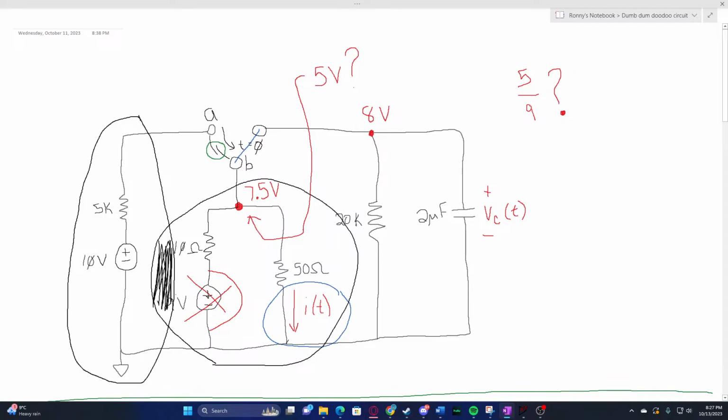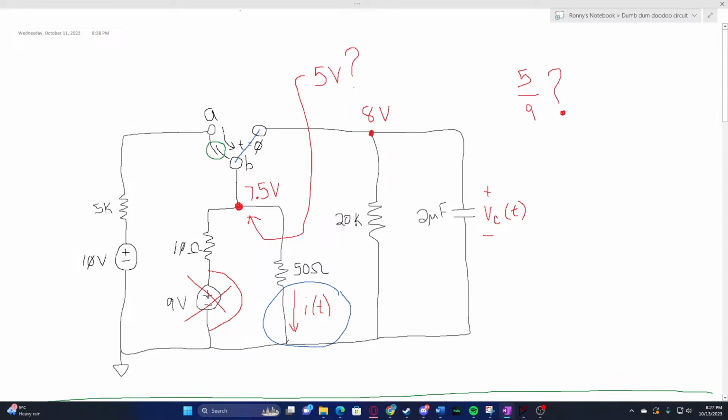I'm going to erase that, don't worry. But that's only for a fraction of a second. Realistically, you imagine somebody flipping this switch, they're not going to flip a switch and leave it in the middle.